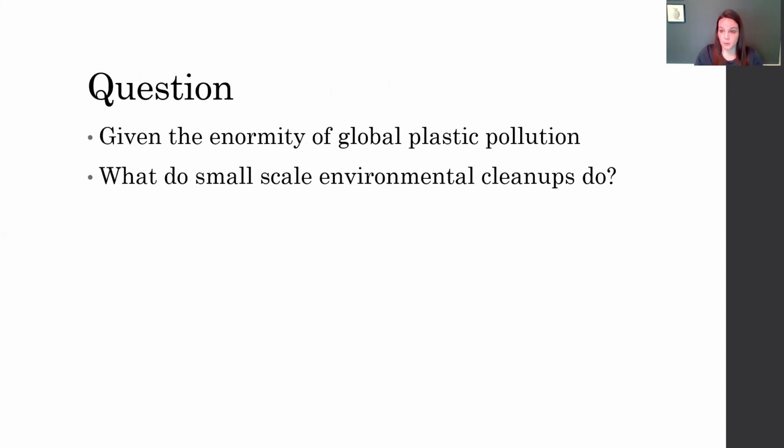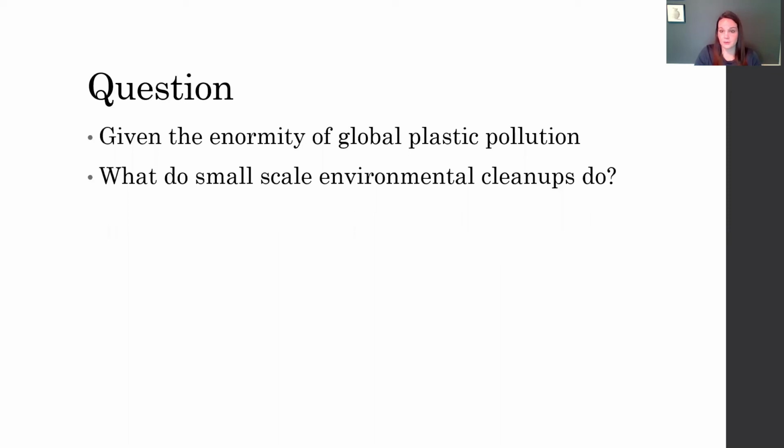So as we move through this presentation, a couple of things I just want you to think about is given the enormity of this plastic problem, what do small scale things like cleanups do? And when I say cleanups, I mean going out and removing other people's litter or trash from an ecosystem.